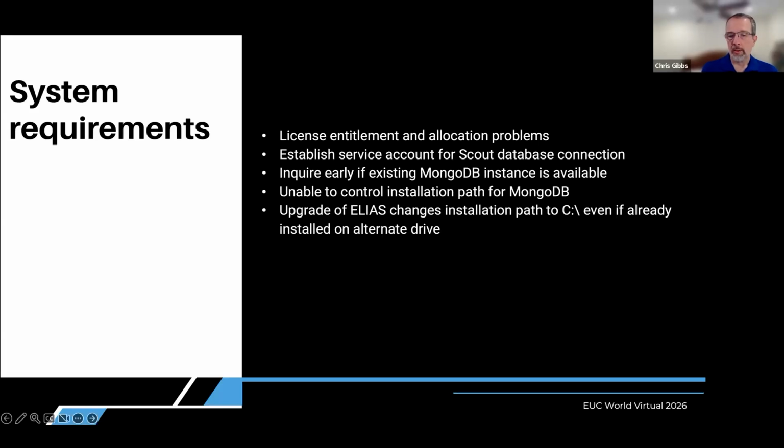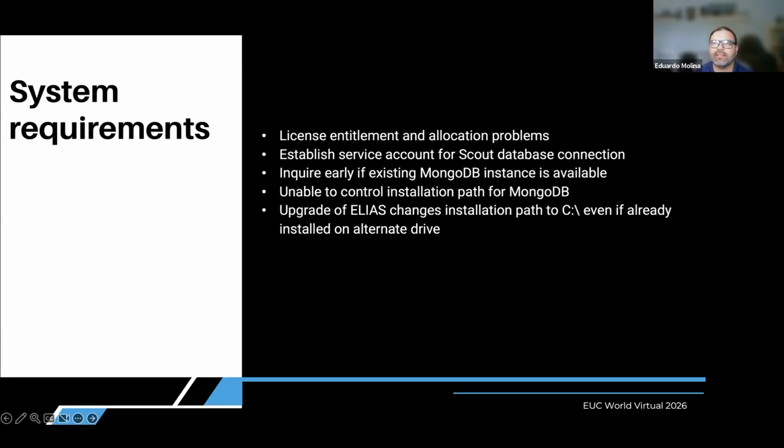One more thing to add in terms of databases, Chris: the database for Scout is SQL Server. The database for Elias is MongoDB. Correct, that's part of the interesting part. Depending on the size of the environment, you might want to run them on two separate servers, because the size of the databases might impact the performance of both technologies.